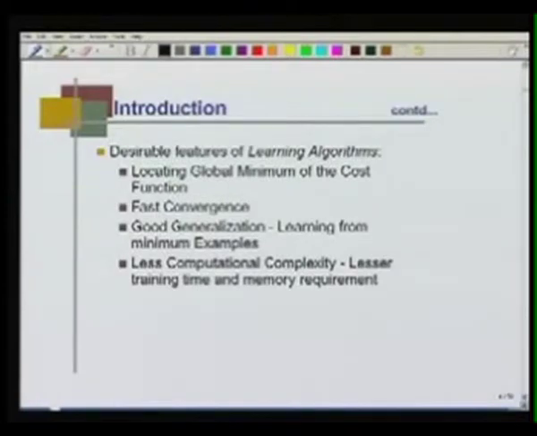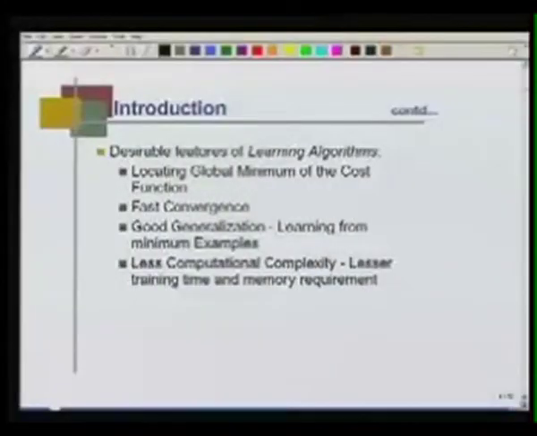So, I take minimum examples and the network is provided with minimum examples, and from those examples, if the network can extract the map of the entire data in the input output space for that specific domain, and the prediction is pretty nice, then that is good generalization.